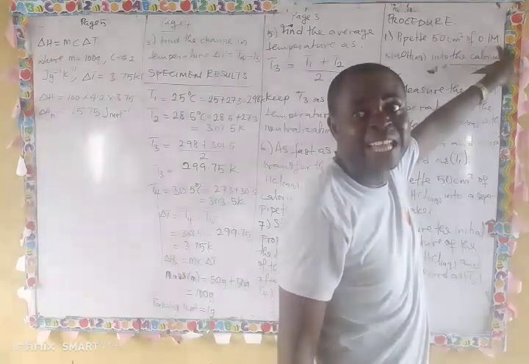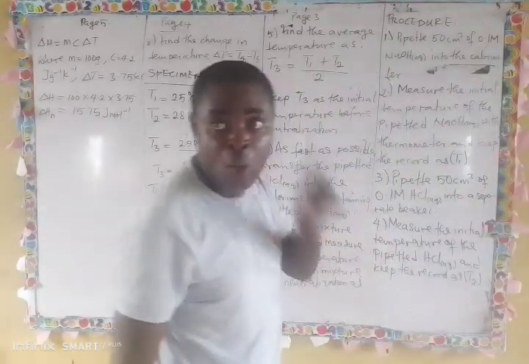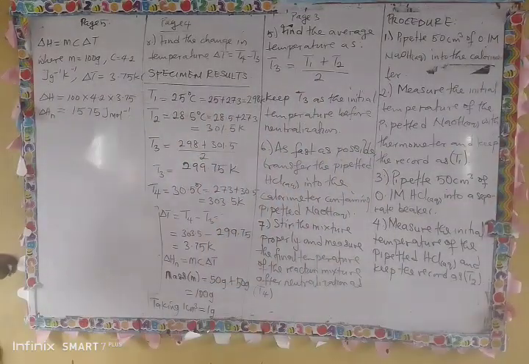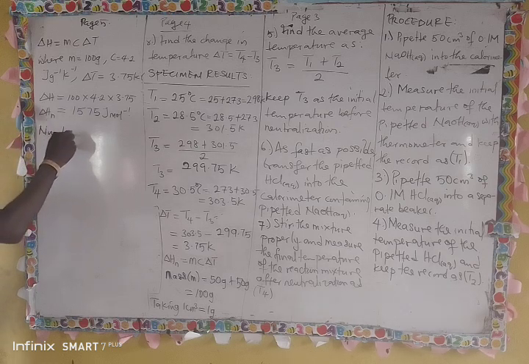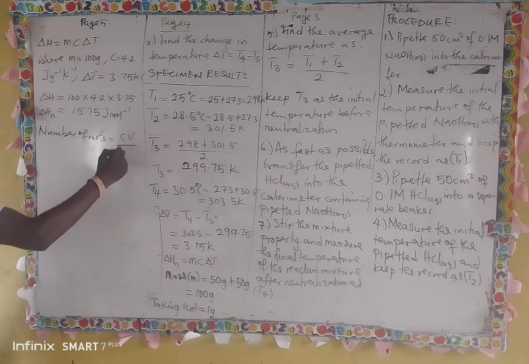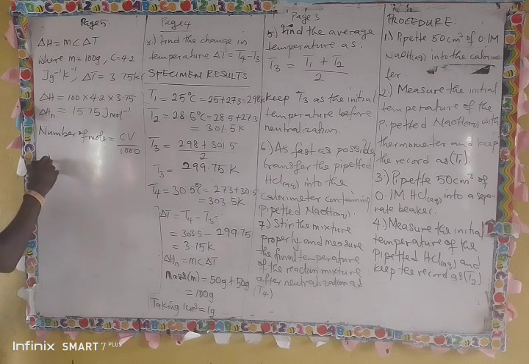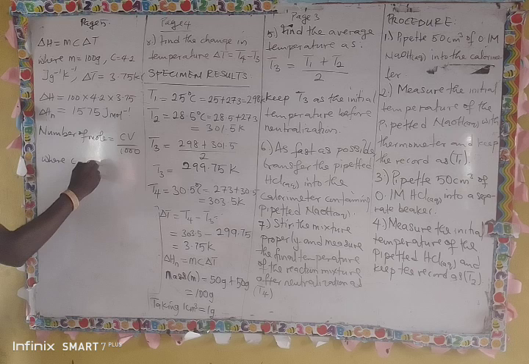We need to drive that dm cube away so that it remains 1 mole. Don't forget that number of mole is equal to CV over 1000, where C is concentration.